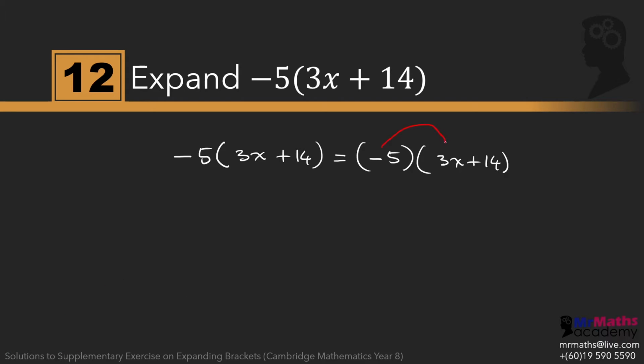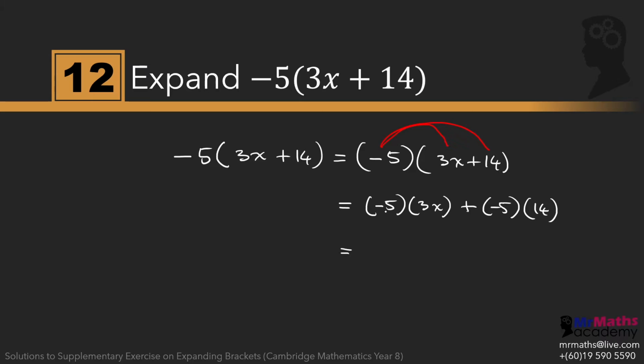Okay, now I multiply each term in the bracket by the number minus 5 outside of the bracket. So that equals minus 5 and 3x plus minus 5 and 14.